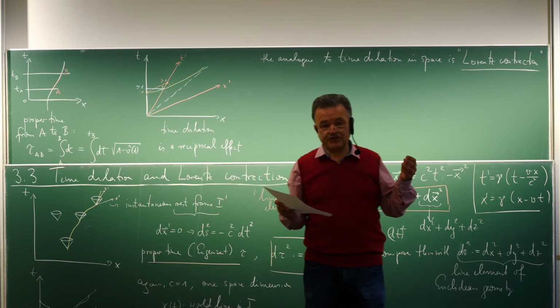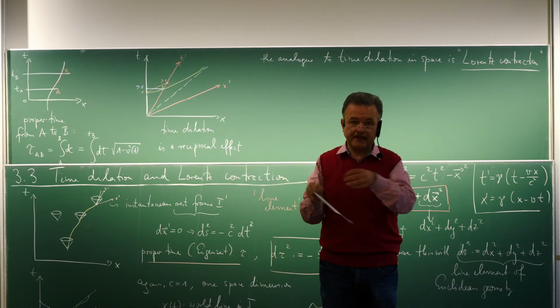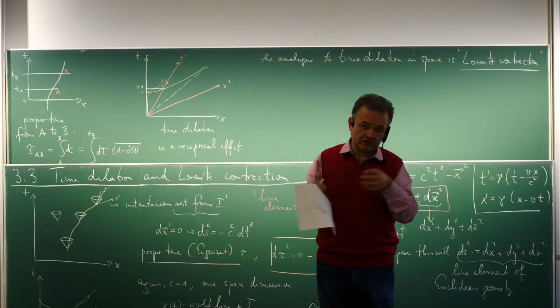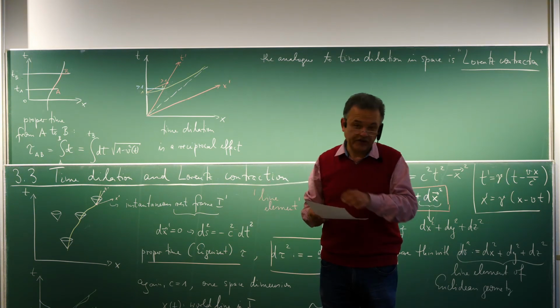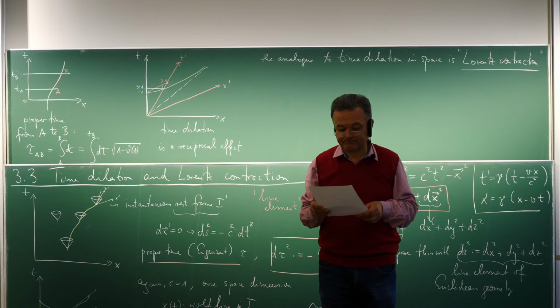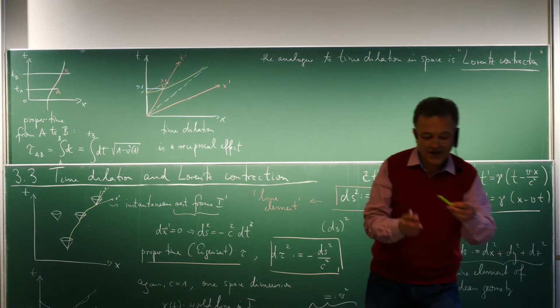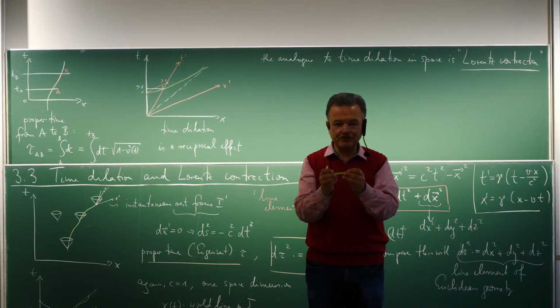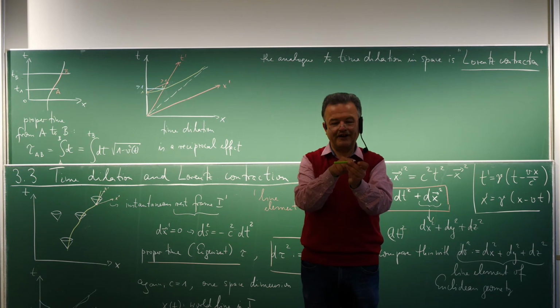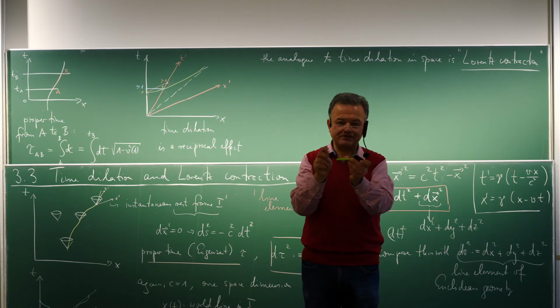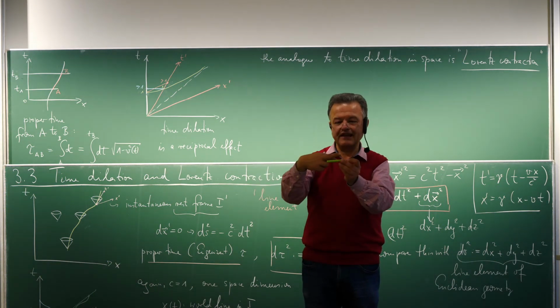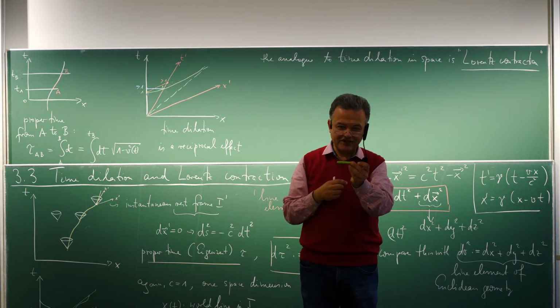Now, it refers to the measurement of the length of a rod, or of a certain one-dimensional object. How do you measure that? If I have a one-dimensional object, say this piece of chalk, then naturally you know how to measure this. You have this as the front end, and this maybe as the rear end, and you have a scale, and you say this is so and so many centimeters.